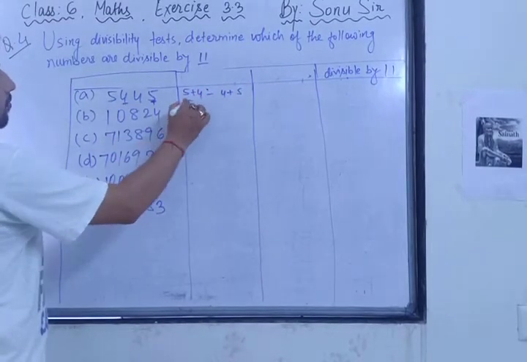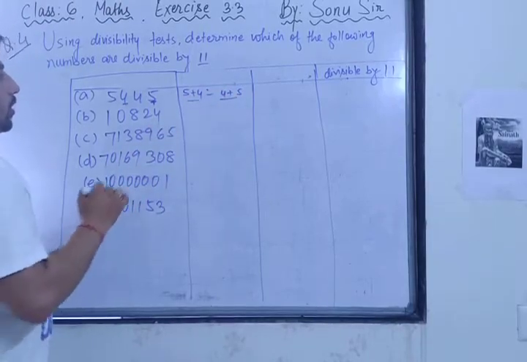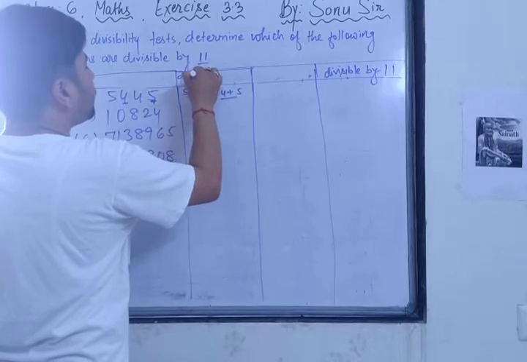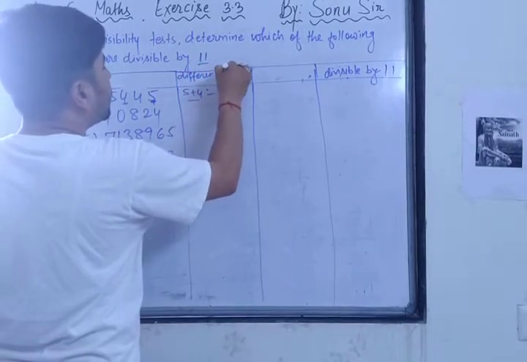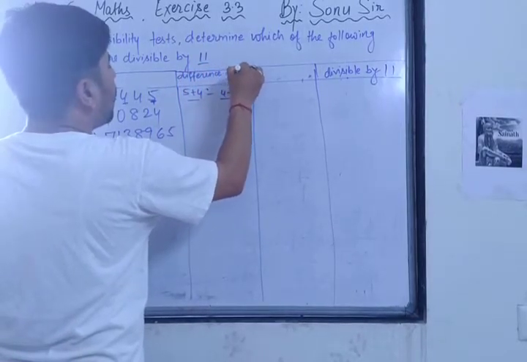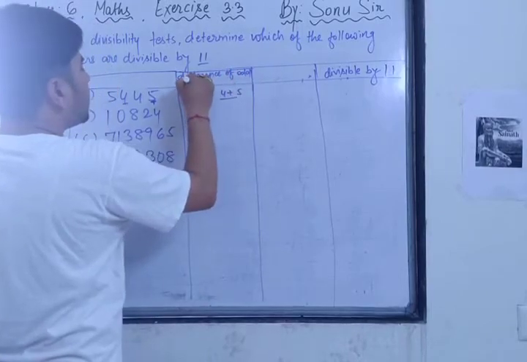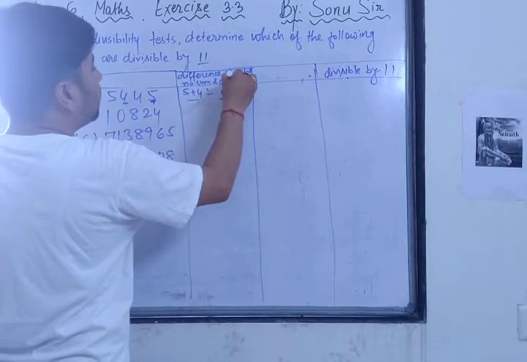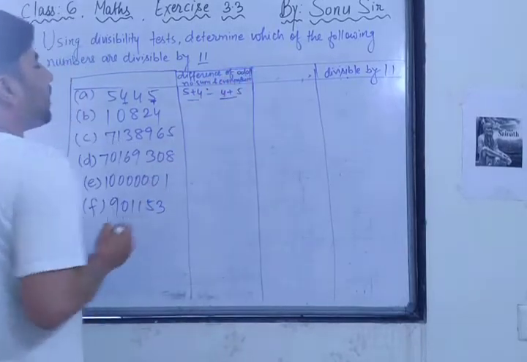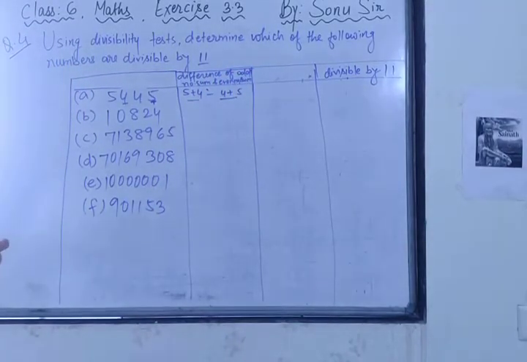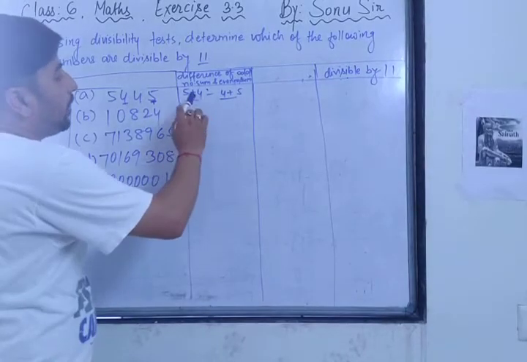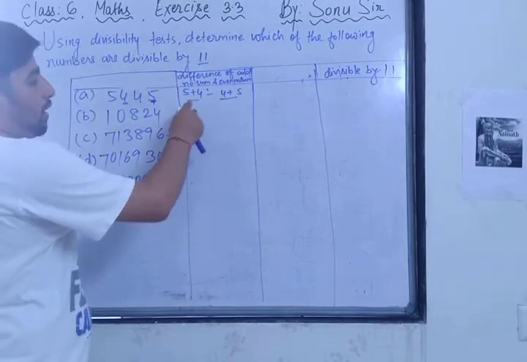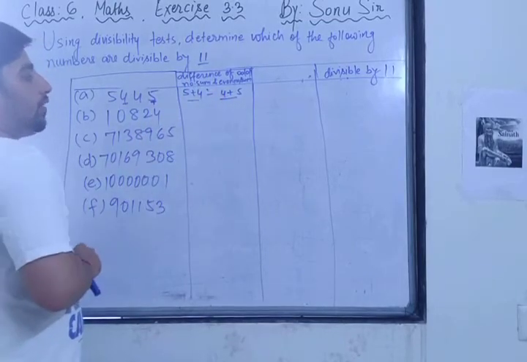Odd place sum and even place sum. Got it? We take the difference of the odd place sum and the even place sum. Difference means the odd place sum minus the even place sum.